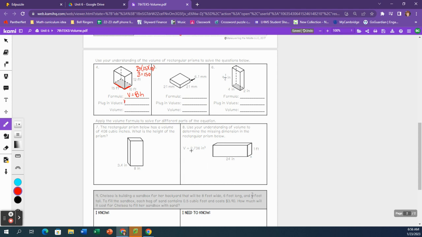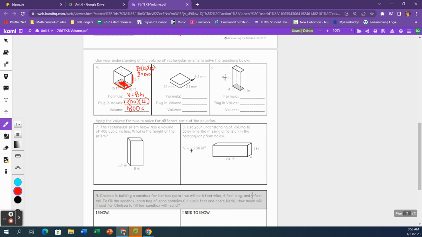So volume equals 150 times, what's my height? 12. There you go. So you have to do some calculations of your base before you can just plug it into the formula.